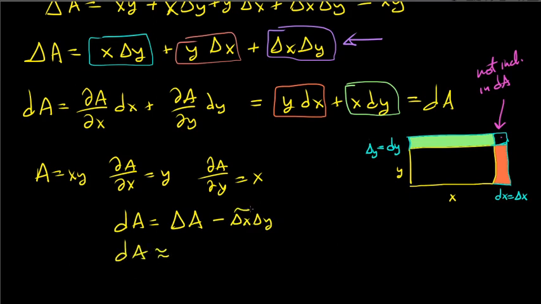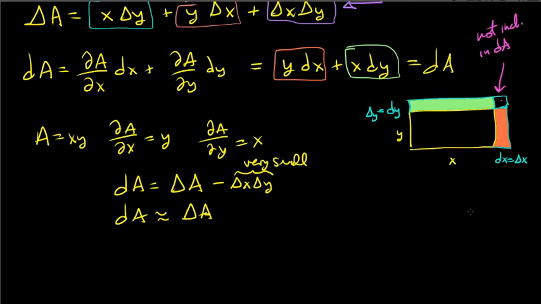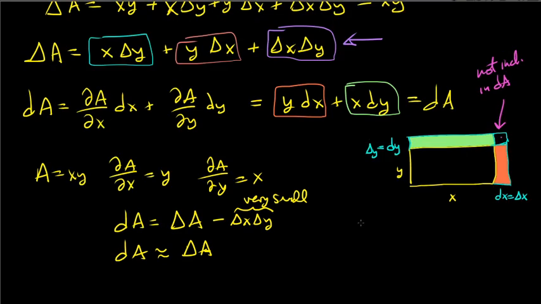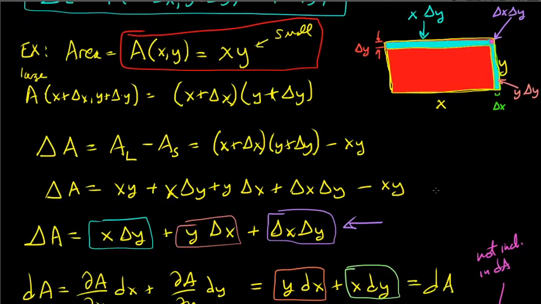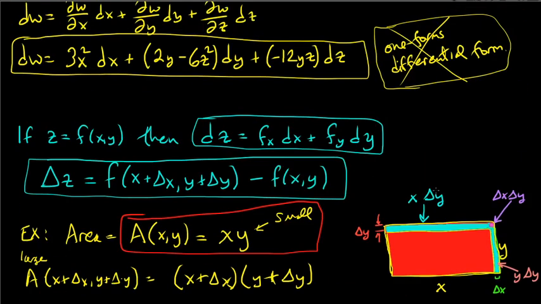But since delta x times delta y is very small, we can effectively ignore it, and dA is approximately equal to delta A. It's pretty close. So that's the difference between delta A and dA. We're thinking of dz as an approximation to delta z. They're not exactly the same, but you're just missing that little corner when you do dz.